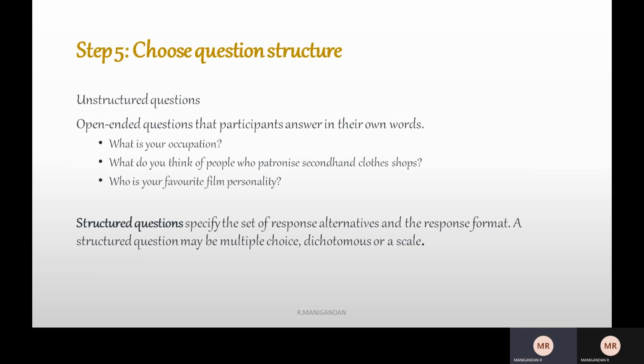And the fifth one is choose question structure. There are two structures: unstructured questions and structured questions, that is, open-ended and closed-ended questions. For open-ended questions, like what is your occupation, you can frame different types of occupation, or you just give one line to fill in.